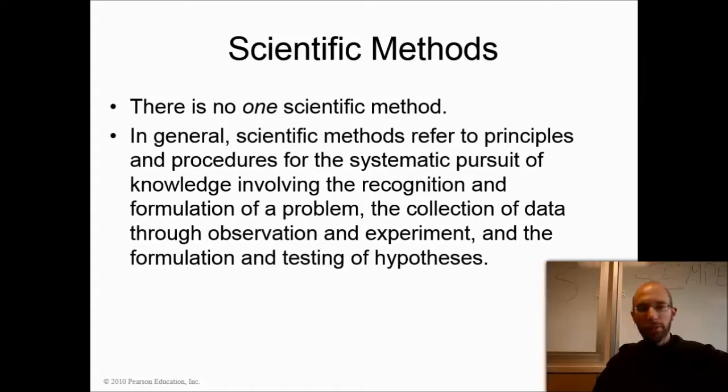As it says there, scientific methods refer to the principles and procedures for the systematic pursuit of knowledge involving the recognition, formulation of, you can read that yourself. Right, the basic idea is this. Scientists go about their process of discovery normally pretty methodically.